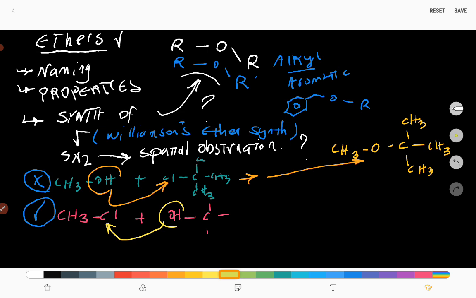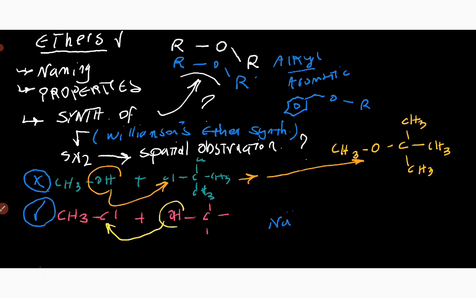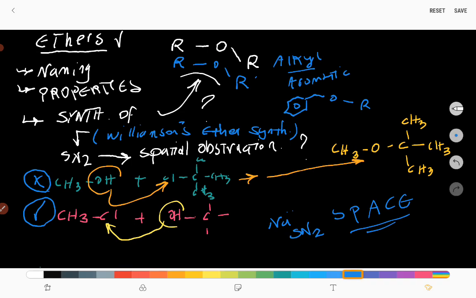What is the spatial obstruction? When you have a nucleophile in an SN2 reaction, you need space so that the nucleophile can easily attack the molecule.